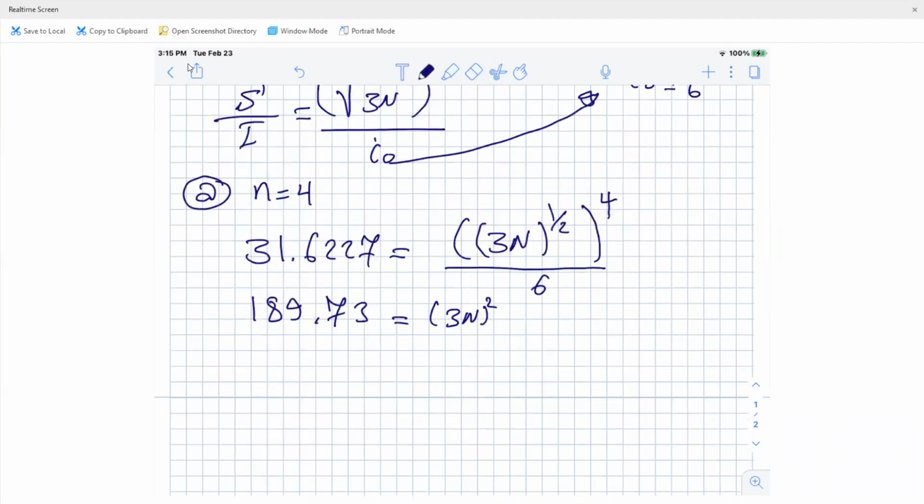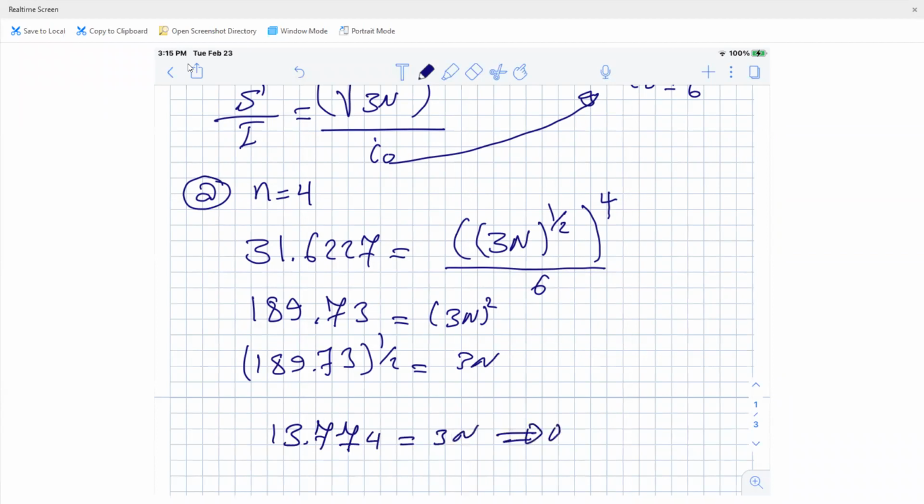Now we can further simplify the equation. 189.73 equals 3n to the power 4, and this will be 13.77. 13.77 equals 3n.